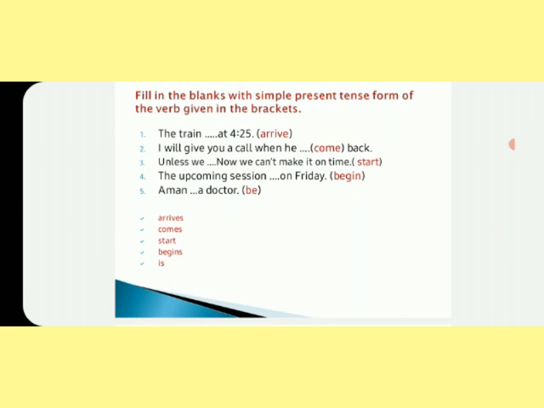That is the regular arrival time of the train, so I use arrives. The train arrives at 4:25. Likewise in sentences 2, 3, 4 and 5, depending on the singular or plural subject we will be changing the verb form.